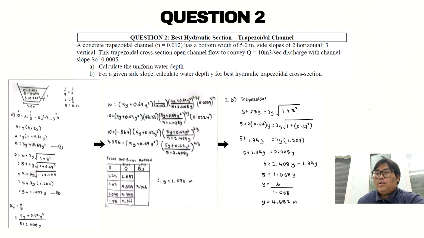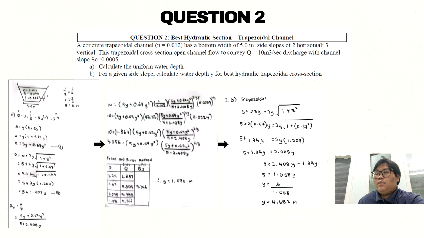After that, multiply the numbers that have no y, so it will become 10 equals 1.867 times 5y plus 0.67y squared times 5y plus 0.67y squared over 5 plus 2.408y power of 2 over 3.